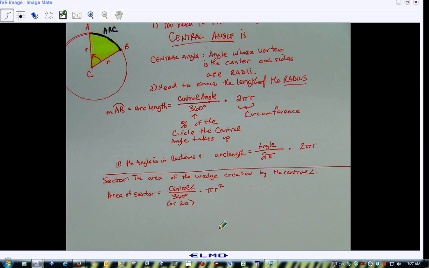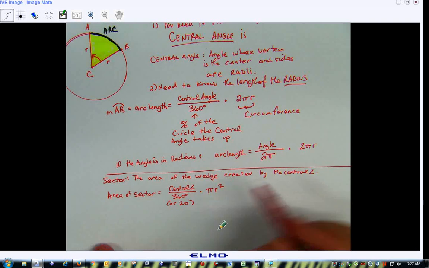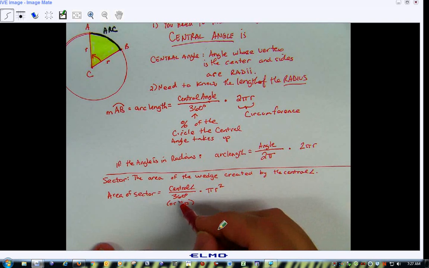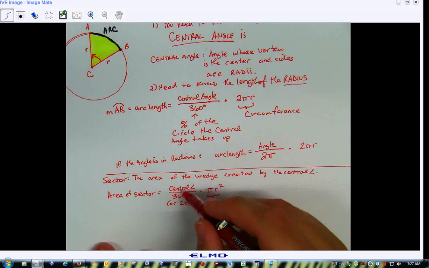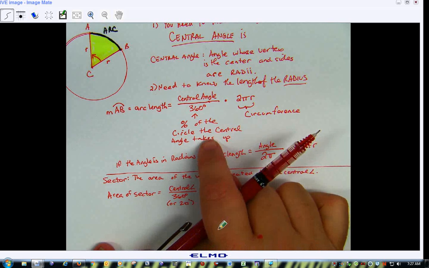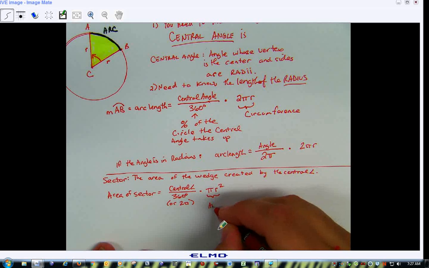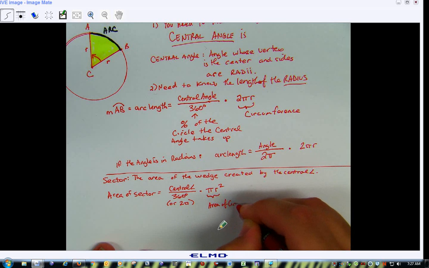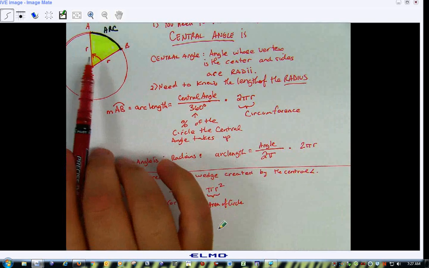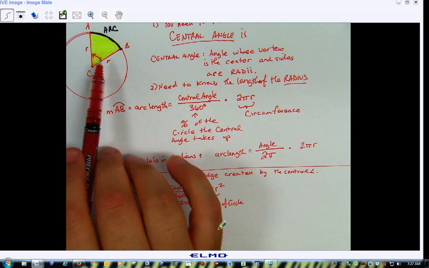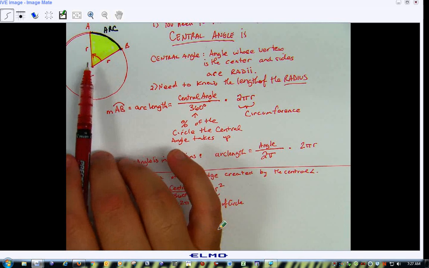Now the area of the sector is going to be the central angle divided by 360, which is the percentage of the circle again, which is just like the arc length, but it's going to be times the area of the circle instead. So whatever this angle is here, if that takes up 30% of the circle, then this wedge is going to take up 30% of the area of the circle.